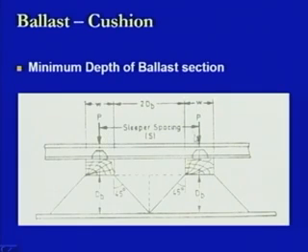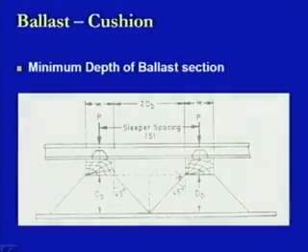So, the total sleeper spacing is nothing but 2 dB plus W. Using this equation, S equals 2 dB plus W, we find S minus W, and half of that is the minimum depth which is to be provided.